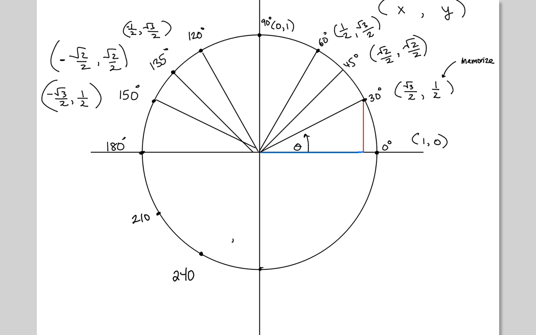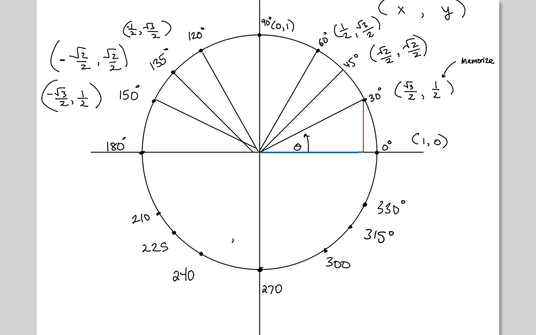Then 270, then 300, and then you get to 330. And you follow the same process. Do the 45s. 180 plus 45 is 225. Plus 45, you get 270. Plus 45 again, you get 315. Okay, and then you just mirror image these.